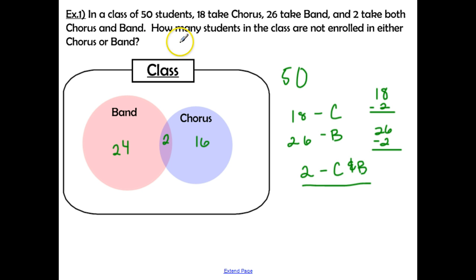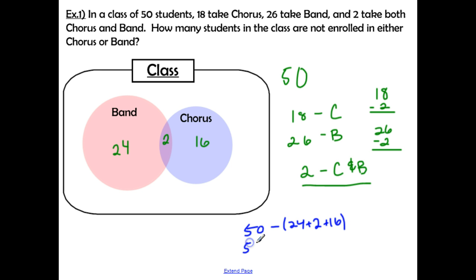So now the question asks how many students in the class are not enrolled in either chorus or band. For that, we want to take that total 50 and then subtract all the students that we have already counted. So that's the 24, the 2 taking both, and the 16 that are just in chorus.